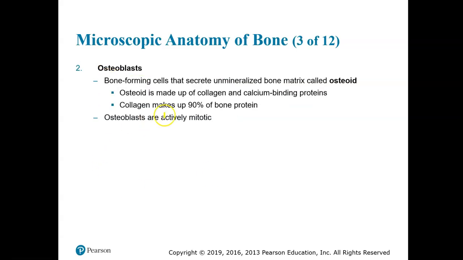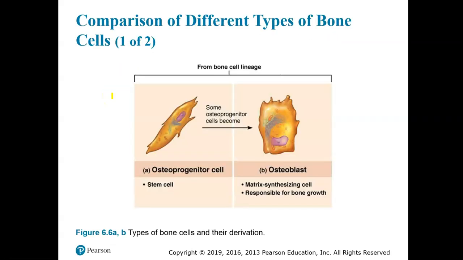And what they do when they divide is they form osteoblasts, and then the osteoblasts secrete bone matrix, and they become osteocytes. Okay, so bone cells begin as osteoprogenitor cells, and those are the stem cells which can undergo mitosis, and they divide and form osteoblasts, which secrete bone matrix.